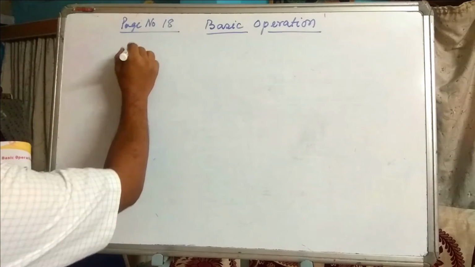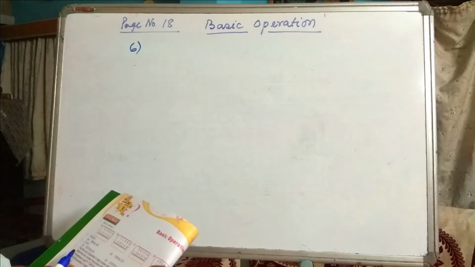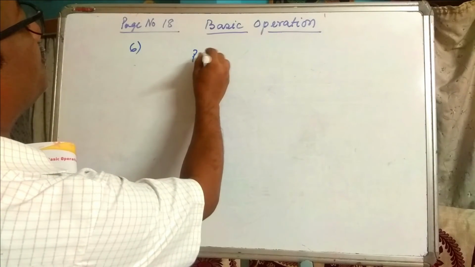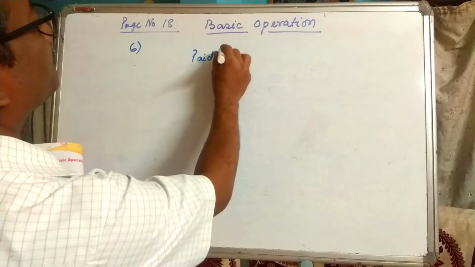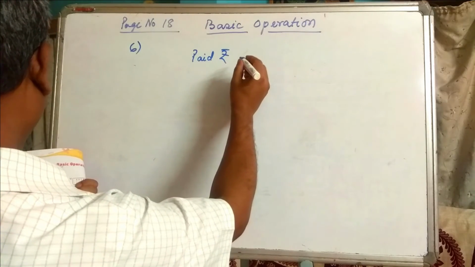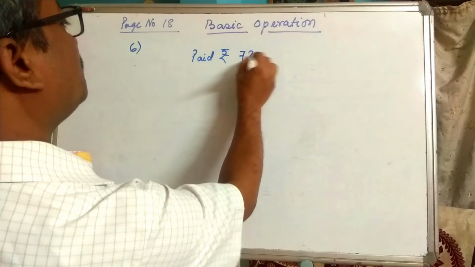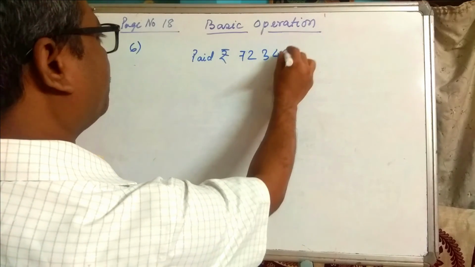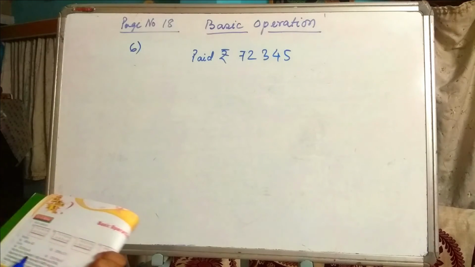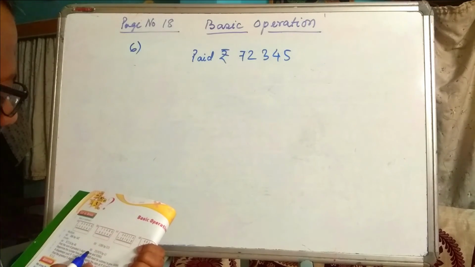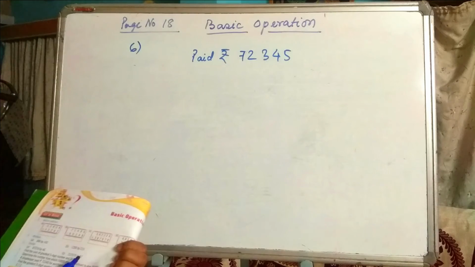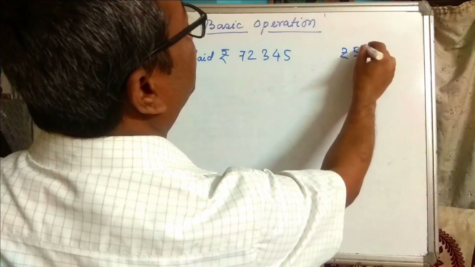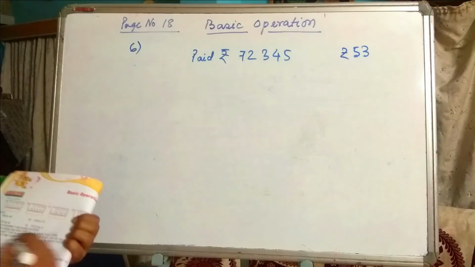Question number 6. A shopkeeper paid rupees 72,345, and for purchasing the caps, rupees 53 each.